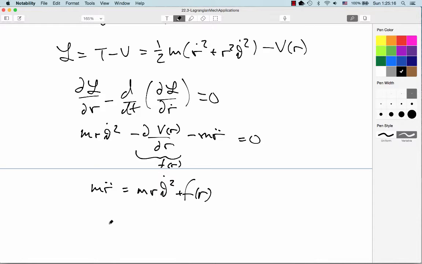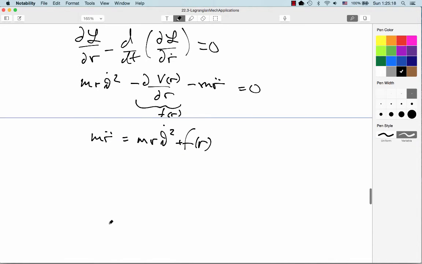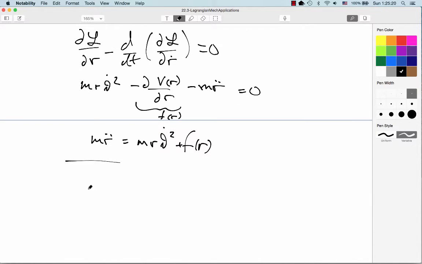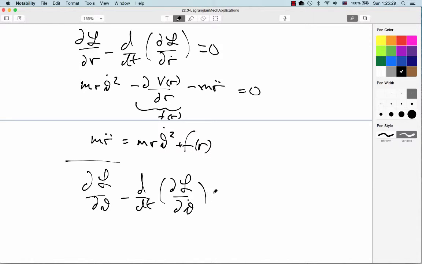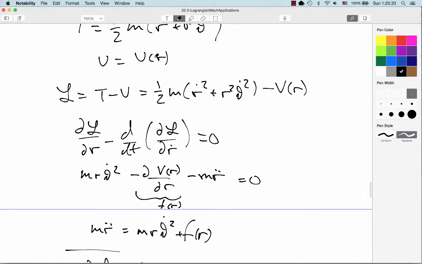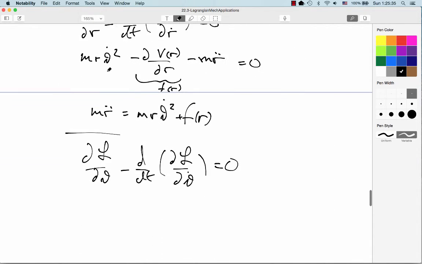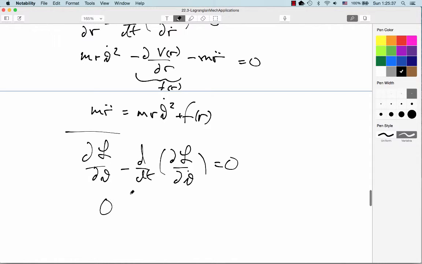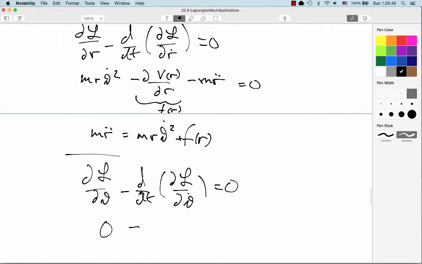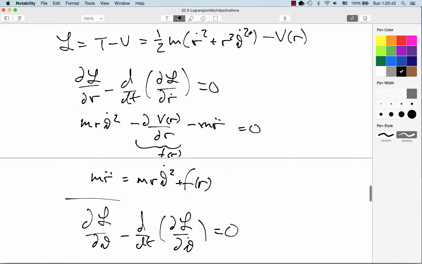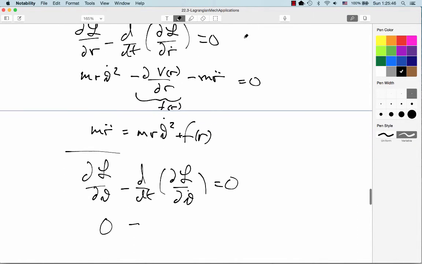All right, let's see what the theta equation of motion gives us. So partial L partial theta minus d dt of partial L partial theta dot is also 0. Well, there's no theta dependence whatsoever in the Lagrangian, so the first term is just plain 0. The second term, differentiate with respect to theta dot, is going to give me m r squared theta dot.